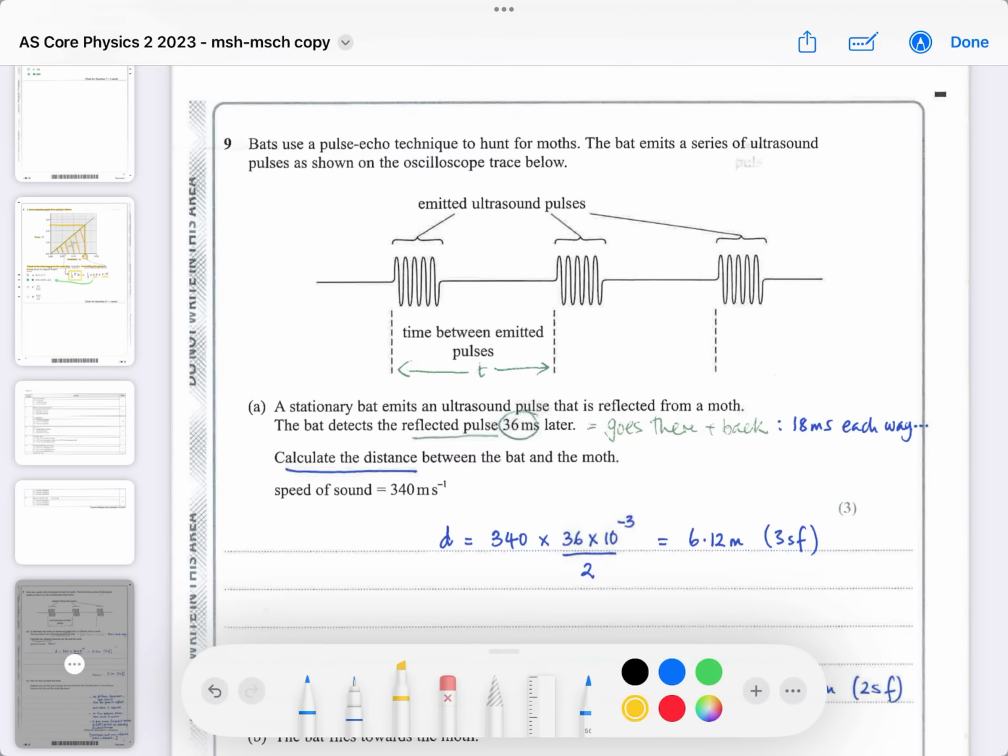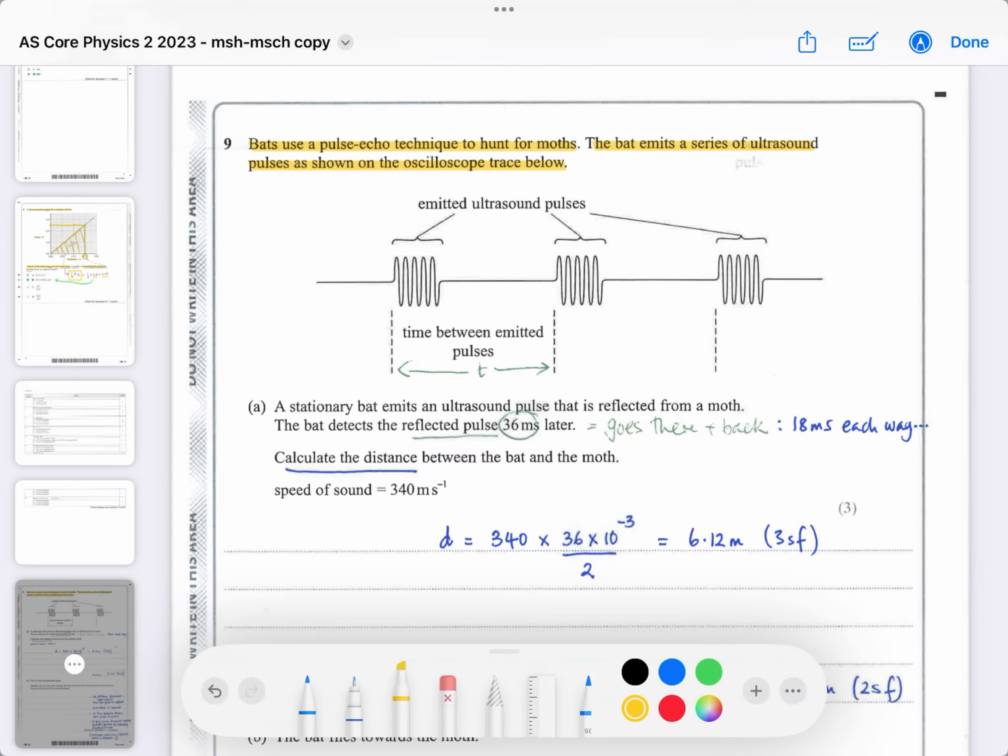Question 9. Bats use the pulse echo technique to hunt for moths. Okay, I've recently done this with the S7. Echolocation, we also call it. The bat emits a series of ultrasound pulses which reflect off their prey or the walls of the cave, and the pulses are shown on the oscilloscope trace below.